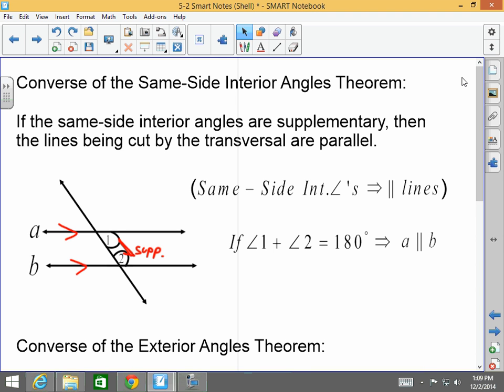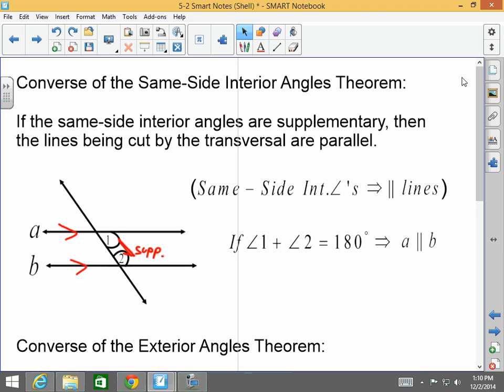So we've learned a lot of theorems here today, but they're all pretty easy. If alternate interior angles are congruent, the lines are parallel that are being cut by a transversal. If alternate exterior angles are congruent, the lines being cut by a transversal are parallel. If corresponding angles are congruent, the lines being cut by a transversal are parallel.